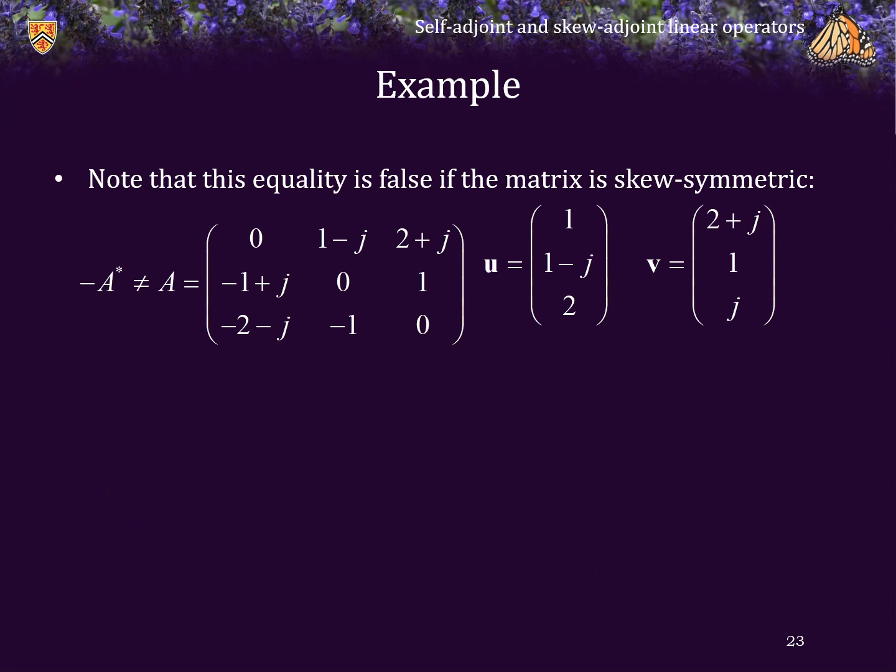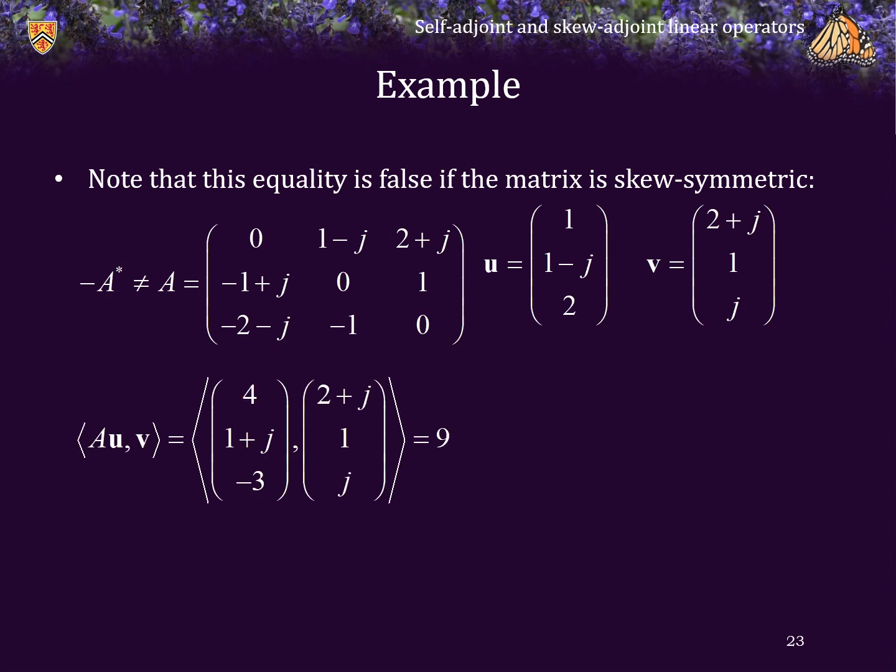Note that this equality is false if the matrix is simply skew-symmetric and not conjugate skew-symmetric. So for example, here we see a matrix A that is skew-symmetric, but it is not conjugate skew-symmetric.